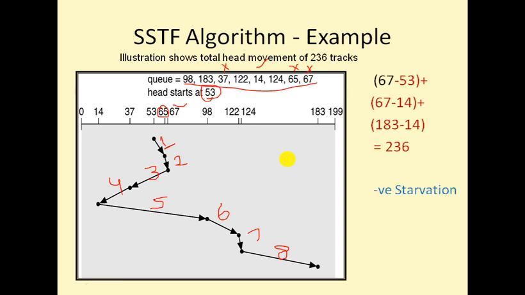The negative part of this algorithm is that implementation is somewhat difficult because there is an overhead. For every movement you need to identify which track number is minimum. That is an overhead for this algorithm, and for some requests there could be a starvation problem.